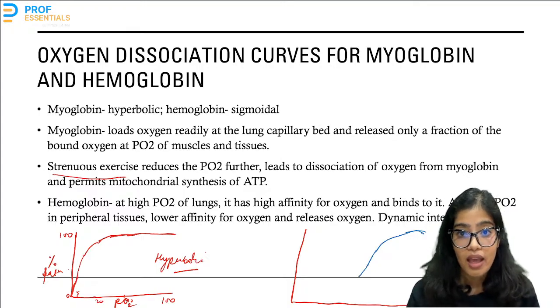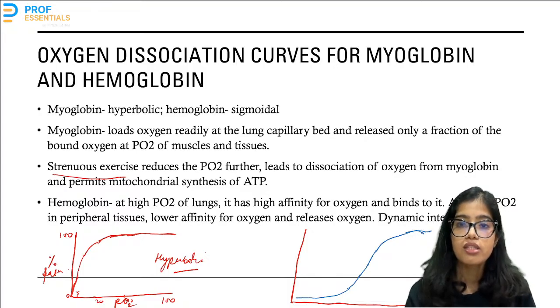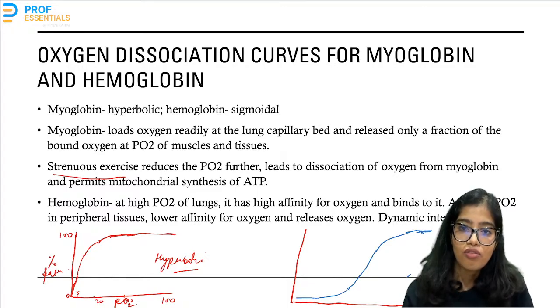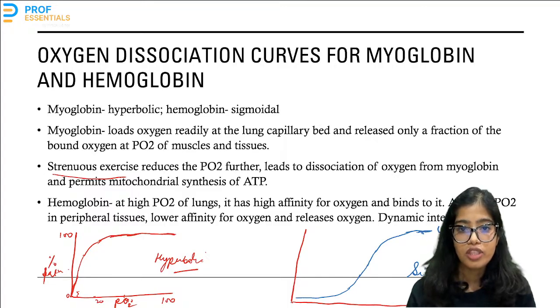Once it reaches the tissue level, it is converted into the taut state. So this is how the sigmoidal curve of hemoglobin comes into force. So this is at the level of lungs and this is at the level of tissues. Understood? So this is the sigmoidal curve of hemoglobin.